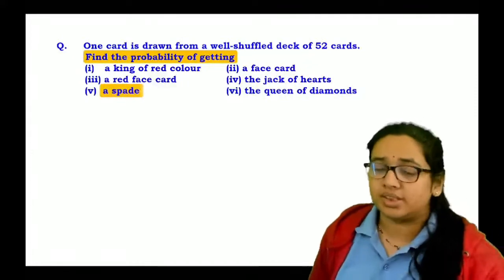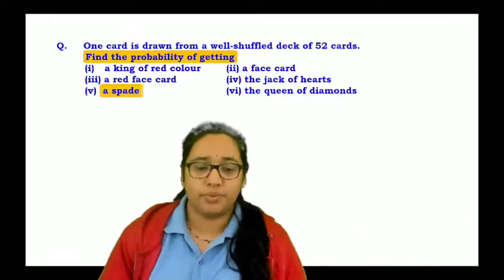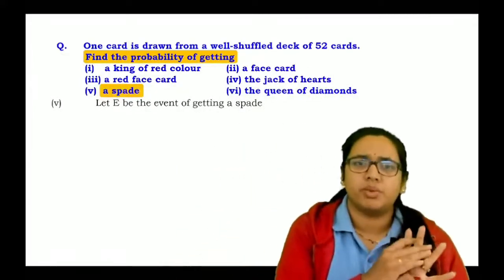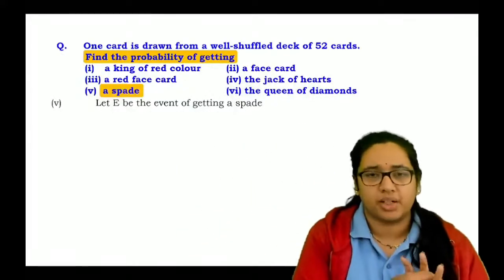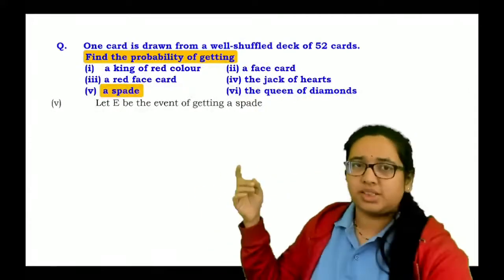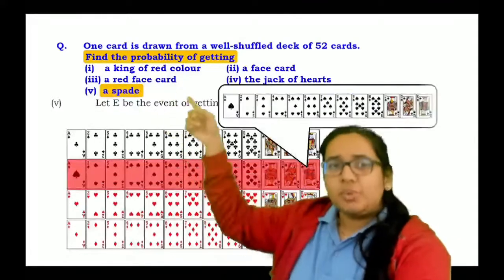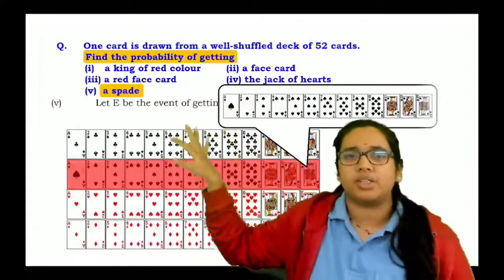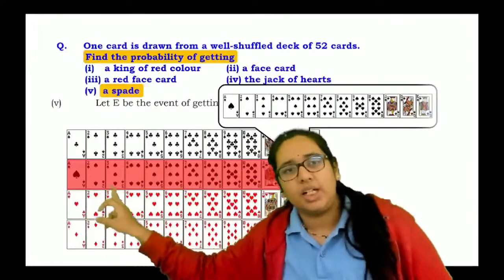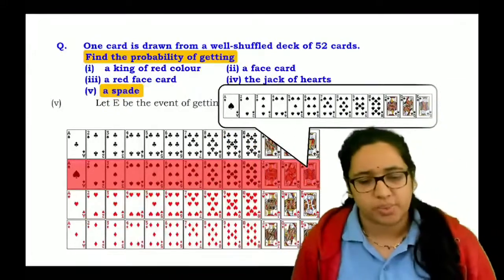Now, the next one is a spade. So out of these 52 cards, there are 4 types, right? One will be diamond, one will be heart, one will be spade, one will be club. So there will be 4 parts of this 52. Let E be the event of getting a spade card. Out of these 52 cards, only 13 cards will be of spade.